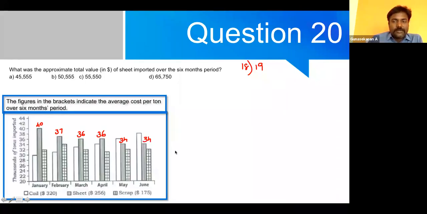Add those values. 40, 70, 70, 140, 180, 217 into 256.